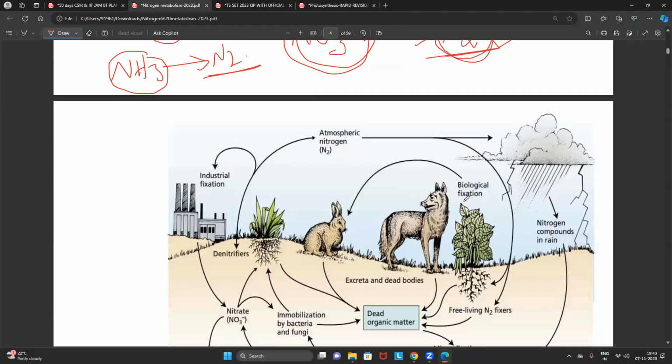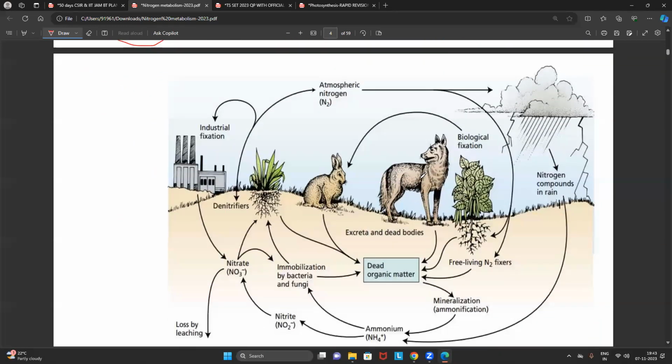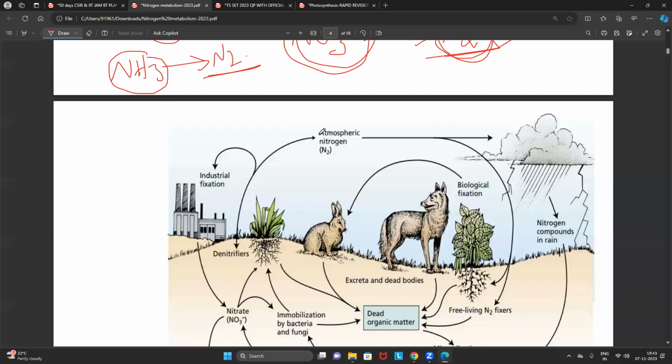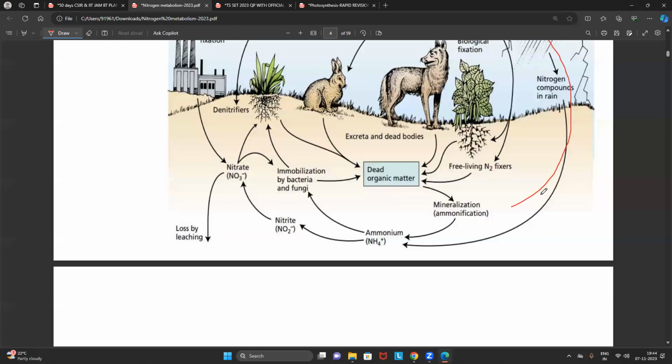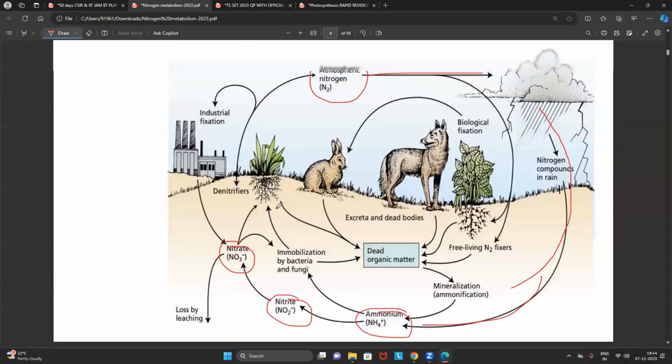Now all the students look into this beautiful and simple diagram. First, what happened? Atmospheric nitrogen in the form of rain is reaching where? Soil. Who will fix it in the soil? Bacteria. Correct? Then bacteria convert them into simpler forms, NO2 and NO3.